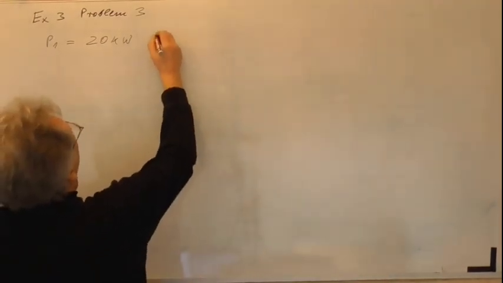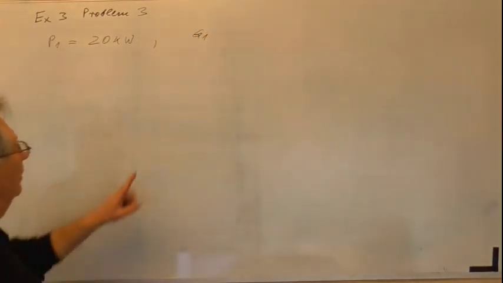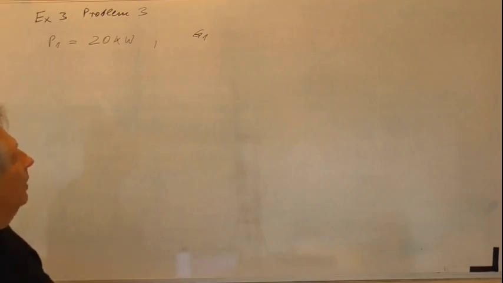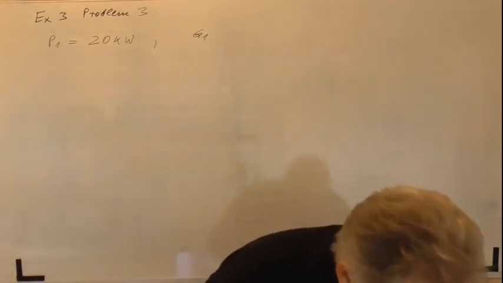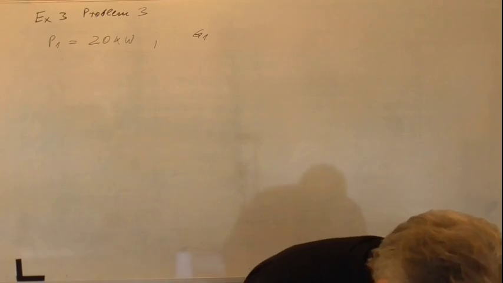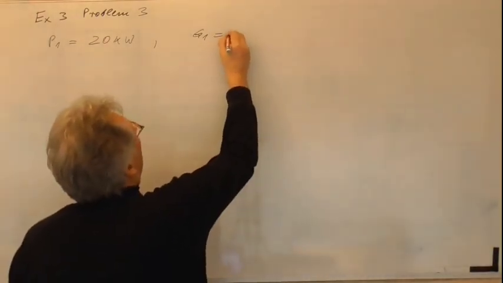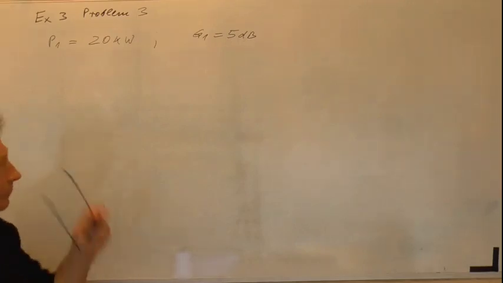So we say now G1. G1 I use normally for the gain of the transmitting antenna, and you see that the gain of the transmitting antenna is given in 5 dB. So it's given in the dB scale.